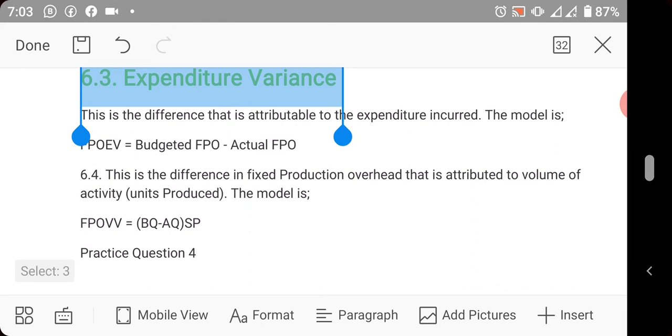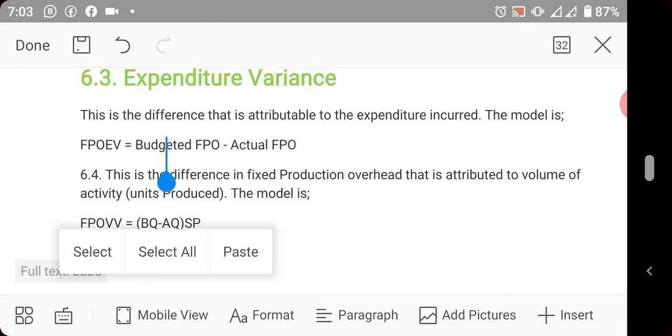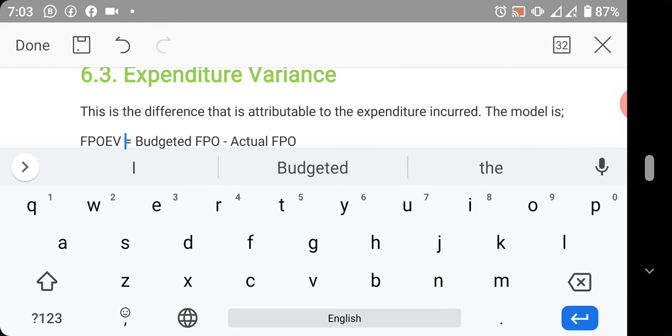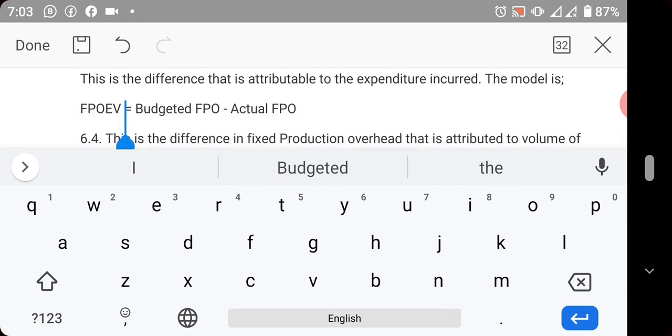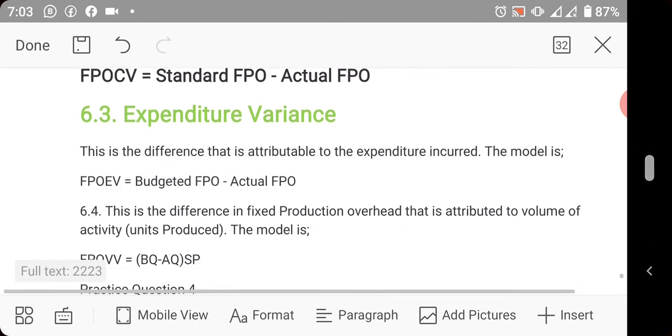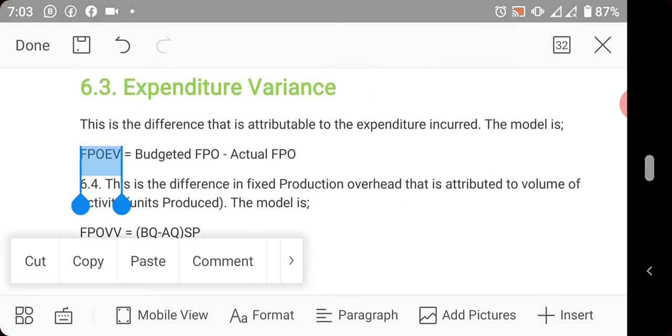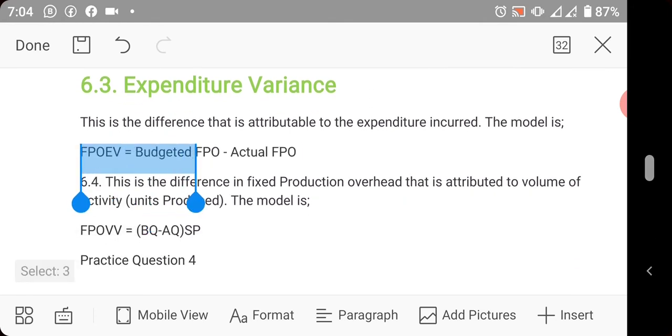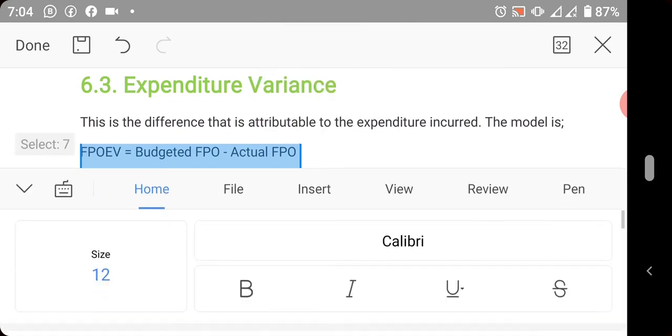The model is: fixed production overhead expenditure variance is equal to budgeted fixed production overhead minus actual fixed production overhead. You can see that the first one is standard while the second one is budgeted. So you must note these formulas. It is important.